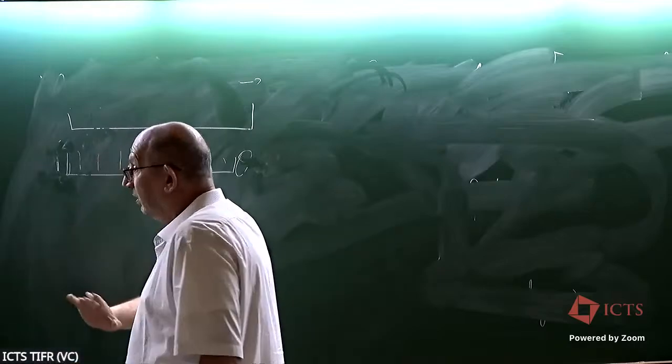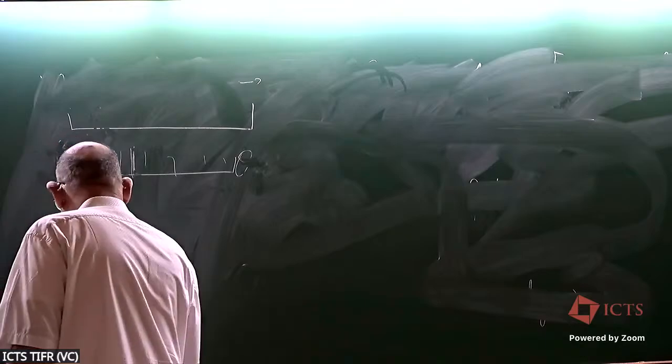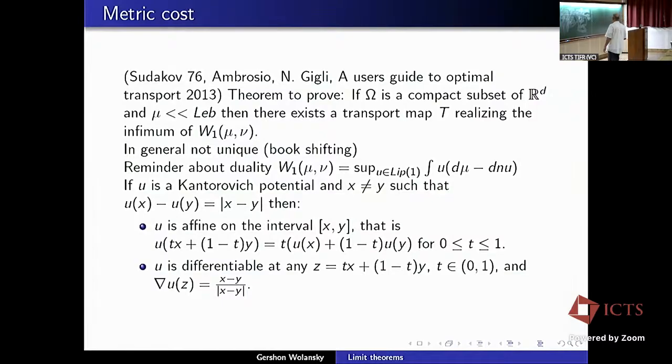All these transports give us the same price in W1, if you just measure the distance to the power 1 as a cost. So we have no uniqueness, but what we saw yesterday or before is that there is a unique transport which is monotone on the line.